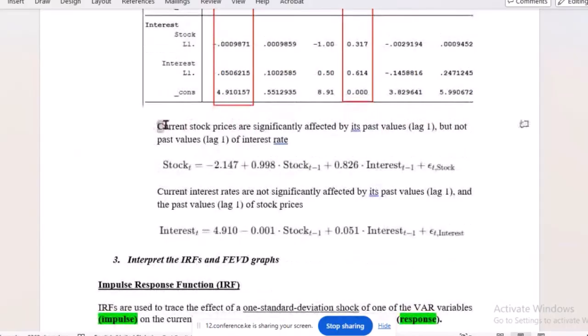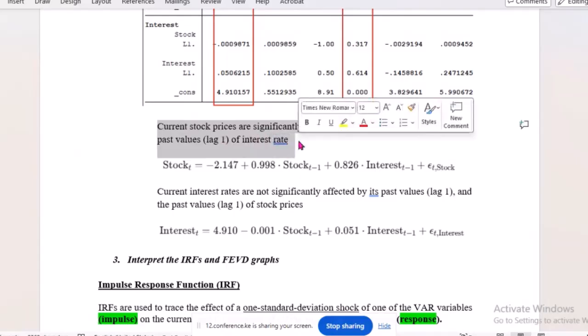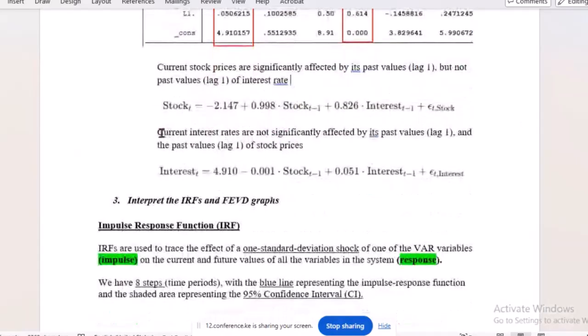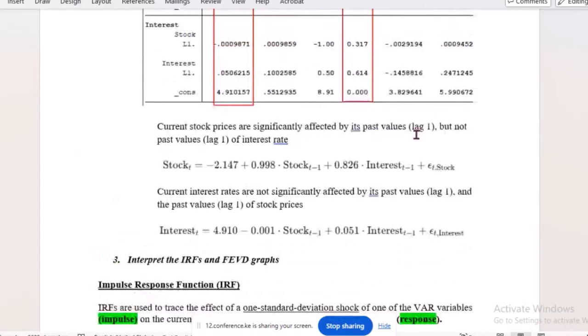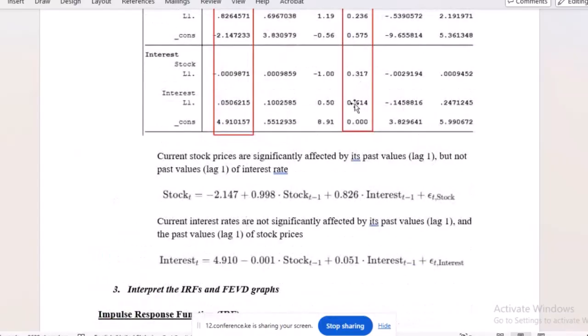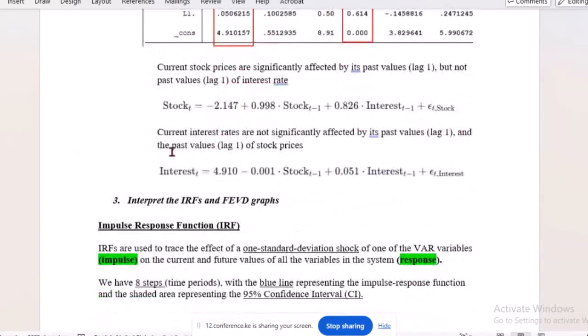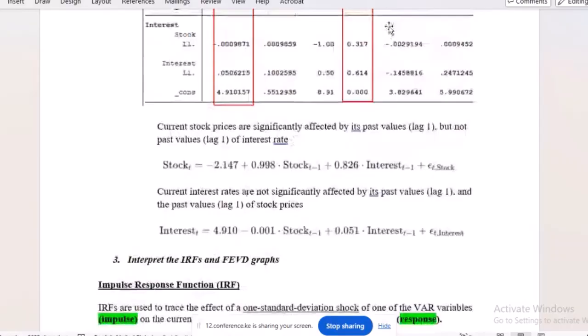Current stock prices are significantly affected by its past values, lag 1, but not past values of interest rates. The same case, current interest rate, that is interest rate T, is not significantly affected by its past values, because the past values you can see here are not significant, and past values of the stock prices, which are also not significant.